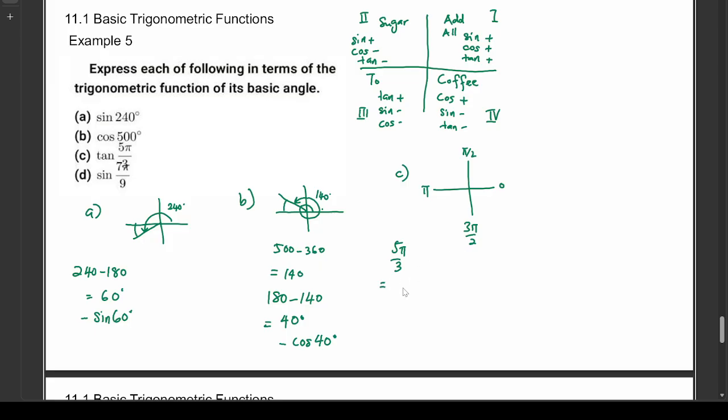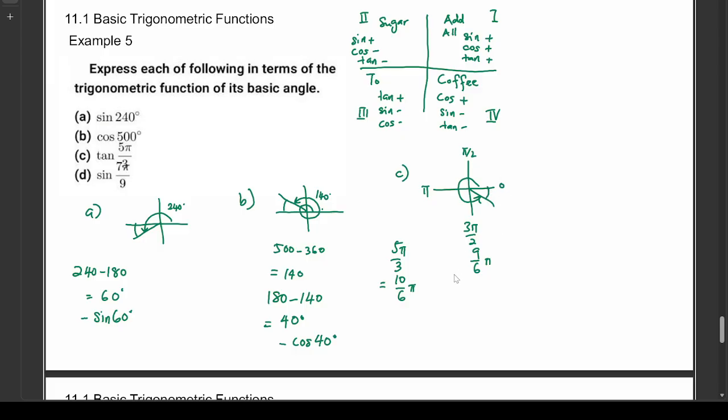If I were to convert to a common denominator, this is 10 over 6, right? Right here is about 9 over 6. So definitely in quadrant 4 here. So this angle goes from here to here.